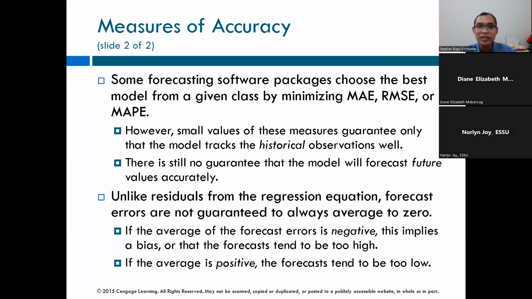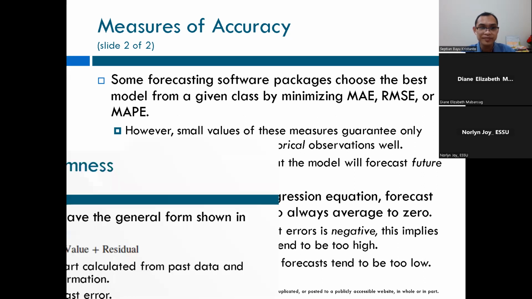Some forecasting software packages minimize using the absolute, the root mean, and the mean absolute. So they are comparisons about the measures and about the regression equations. There is no guarantee which is the best accuracy, but you can use one of the three options.